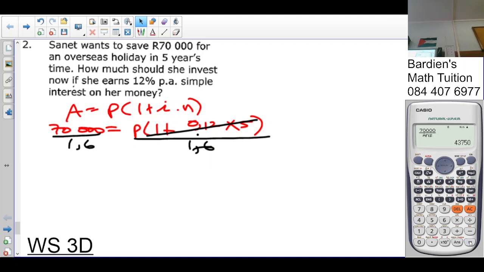We're going to give you 43,750 rand. 43,750. People, any confusion here? No, you all understand, eh?